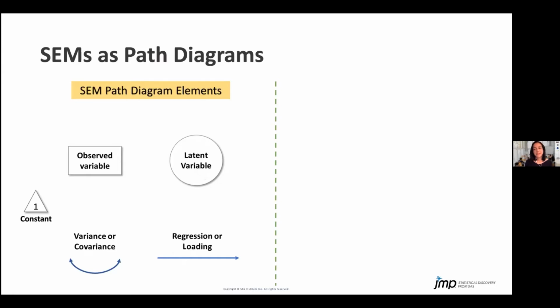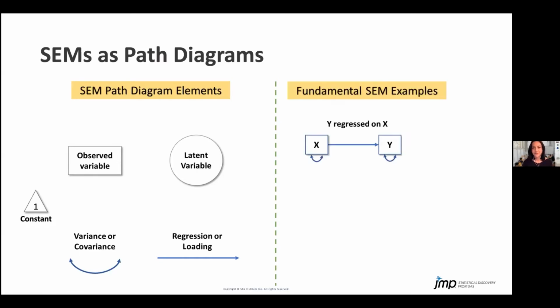There are really great models that rely on the means, but again, we're not going to discuss that in the tutorial today. But I just wanted you to know, if you do come across a triangle, that is something that is possible to see in SEM. All right, I also have here to the right some building blocks for how we're going to specify structural equation models through path diagrams.